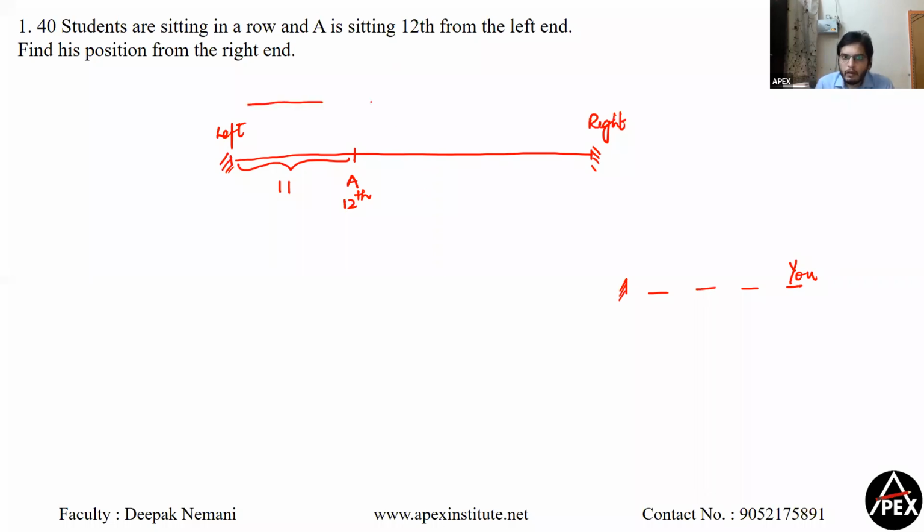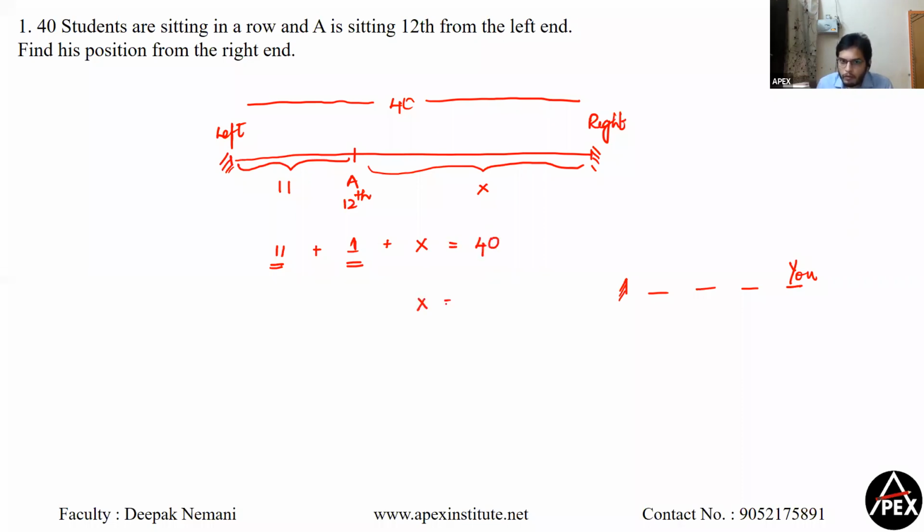So it is given that the total number of students is 40. We have 11 students sitting to the left of A. Let me consider we have X students sitting to the right of A. So 11 students to the left of A, plus A, one student, plus X should be equal to the total number of students, 40.